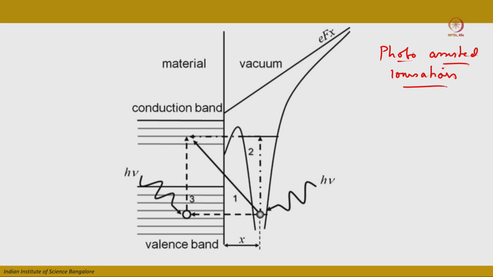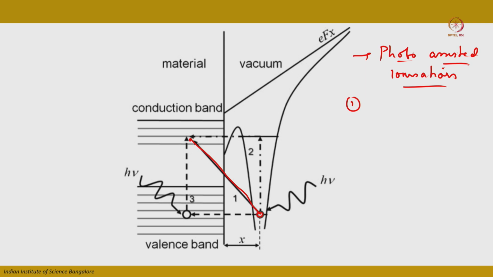Basically there are three phenomena by which we can understand how the ionization of an adsorbed atom takes place. The first one is that the electron from the adsorbed atom can directly tunnel to the conduction band. This is the simplest one.